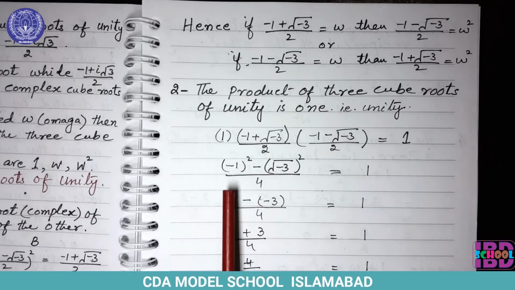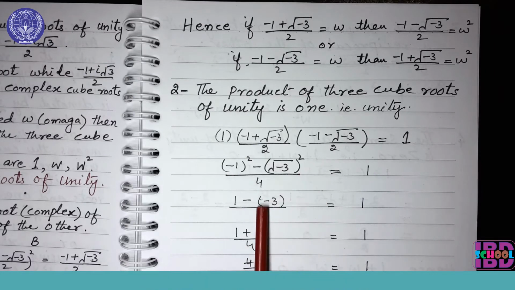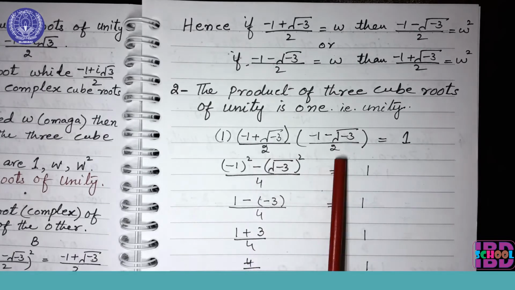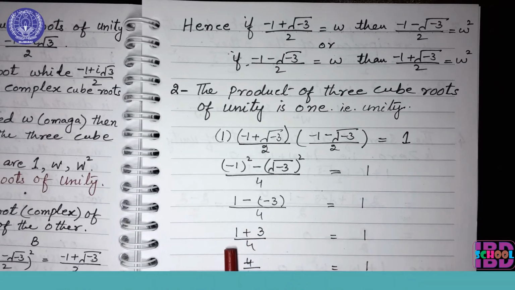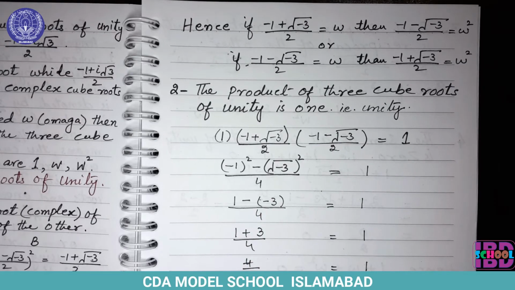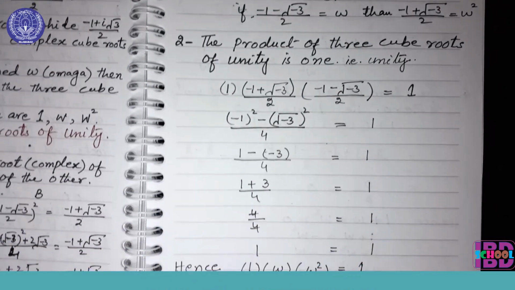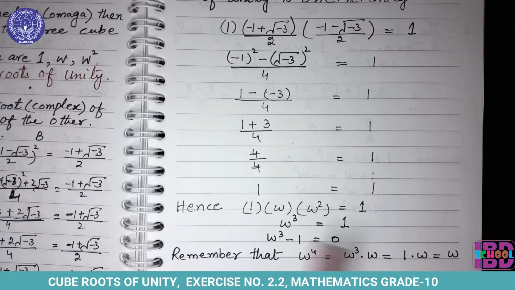It is minus 1 whole square minus under root minus 3 whole square by 4 is equal to 1. 1 minus minus 3 by 4 is equal to 1. Minus minus plus. 1 plus 3 over 4 is equal to 1. 4 by 4 is equal to 1, and by cutting it becomes 1. 1 is equal to 1.